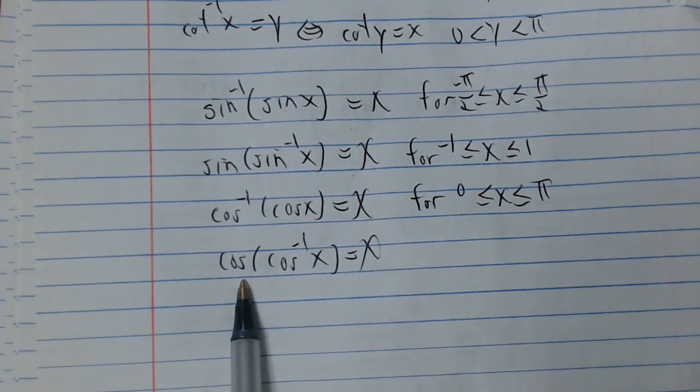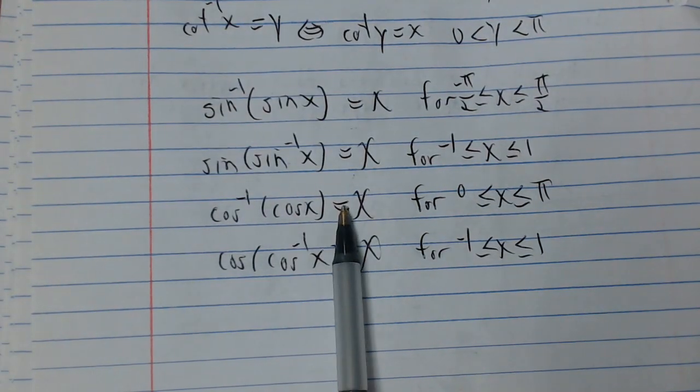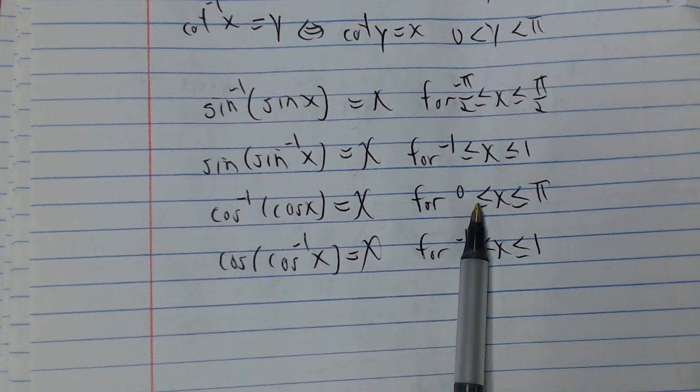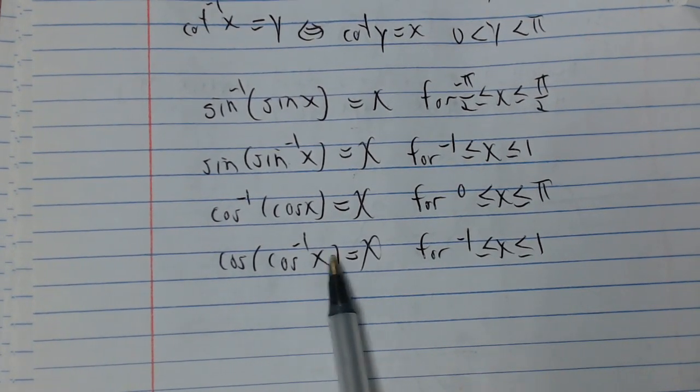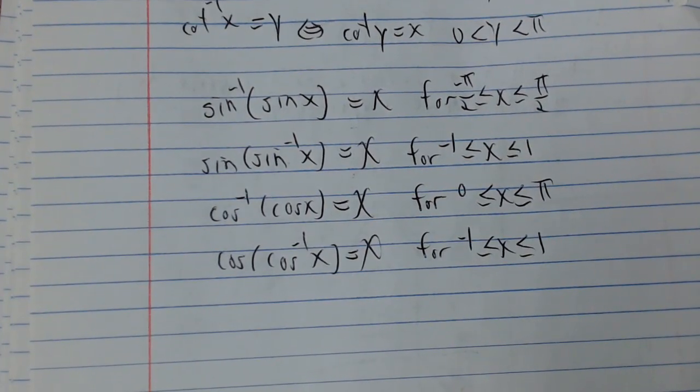And since cosine is performed last, we know the output of cosine is always between negative 1 and 1. So once again, if this is out of bounds, we can adjust to fit those restrictions. If this is out of bounds, there's nothing we could do. It's undefined. Okay?